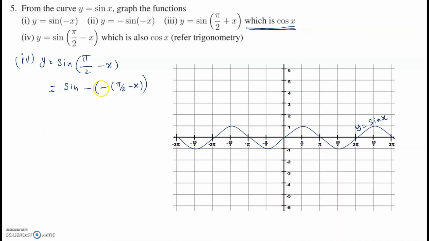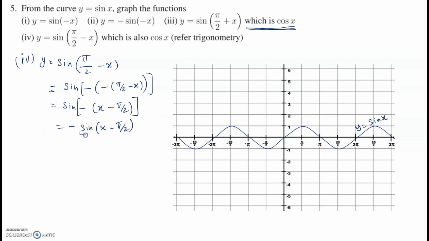We know that minus of minus will become plus. So let's take this minus inside, then this becomes sine of minus of x minus pi by 2. Now sine minus of this is nothing but minus of sine x minus pi by 2.